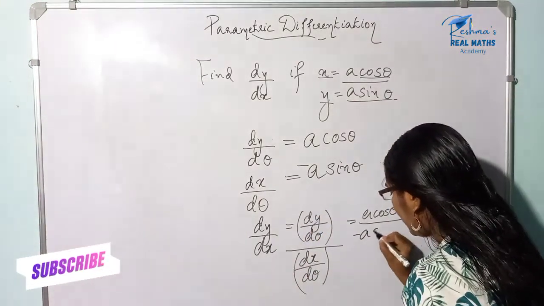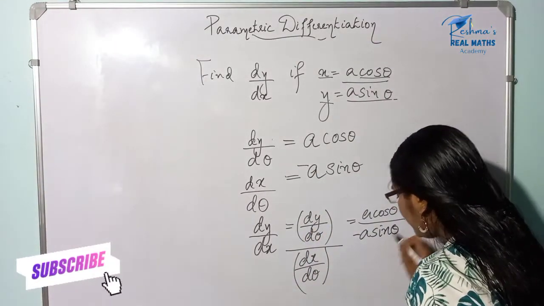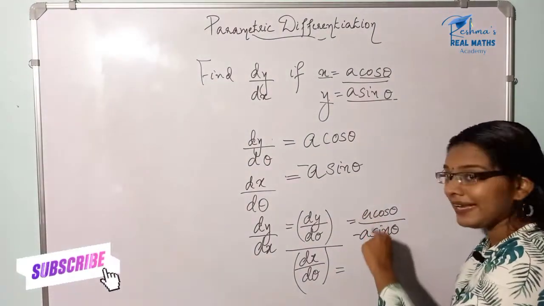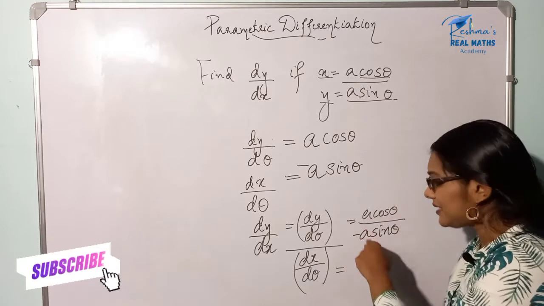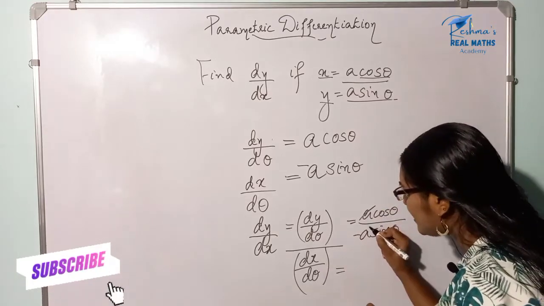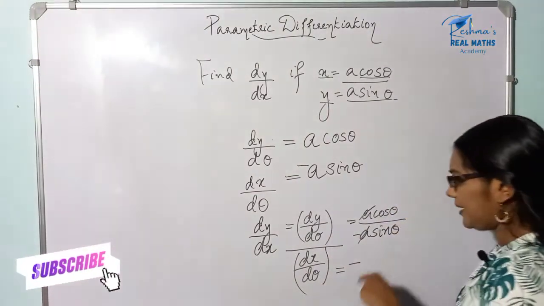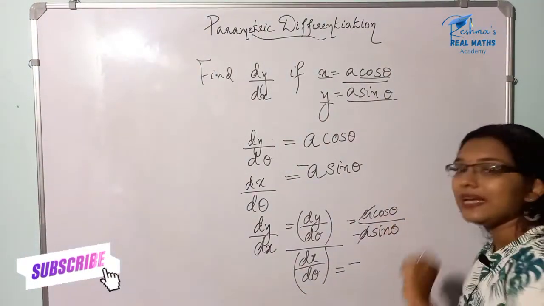Minus a sin theta. Now look here, we can find an a in the numerator as well as in the denominator. So the common term gets cancelled. Now what remains? A negative sign remains and cos theta by sin theta remains.